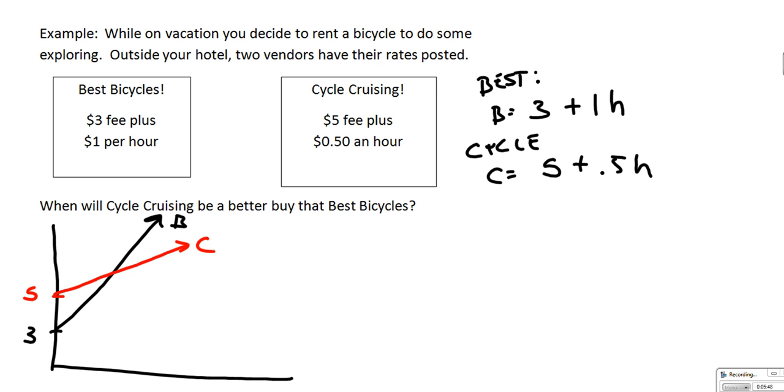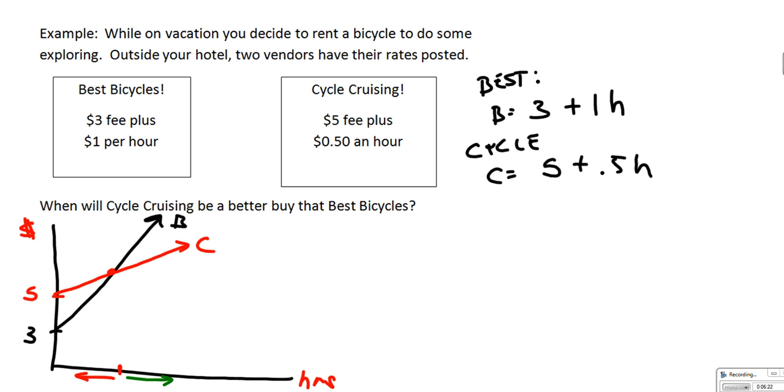And we can see there's going to be a value here, where this is a number of hours, and this is the total we're being charged, where the two lines intersect, and for that number of hours, there'll be the same charge for both. If we're lower than that number of hours, then the black line, Best Bicycle, will be the better deal. If we're above that point, renting the bicycle for more than that number of hours, then the red line, Cycle Cruising, will be the better bet.